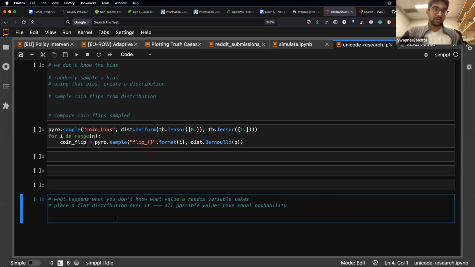If you buy that, then what I'm trying to go for is that this distribution is called a prior. A prior is just a distribution that you place on a random variable when you don't know anything about it. And that's exactly what I'm doing. I said that the space of values for the coin bias is uniform, but I don't know the probability of each value.